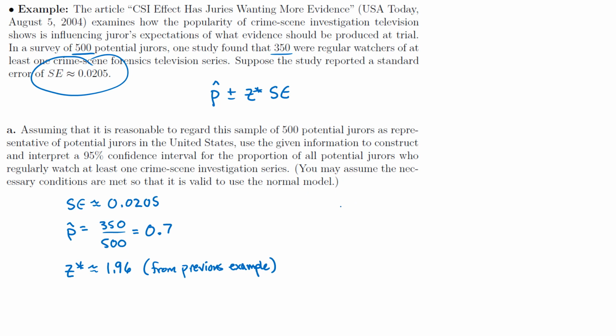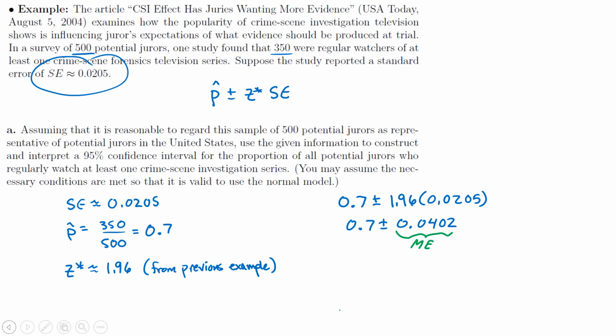So to put that into practice, 0.7 plus or minus 1.96 times the standard error, which is 0.7 plus or minus 0.0402. And just as a little reminder of the vocabulary we've been using, this 0.0402 is what we refer to as our margin of error, right?